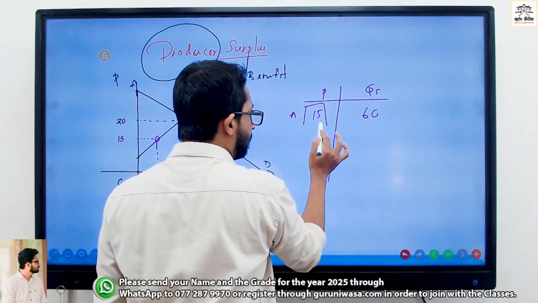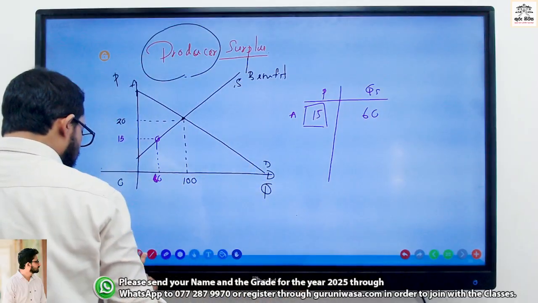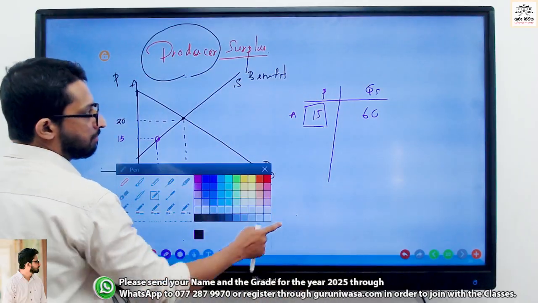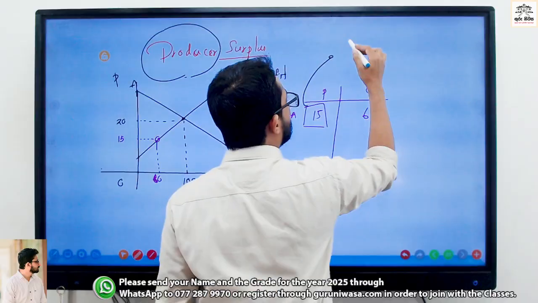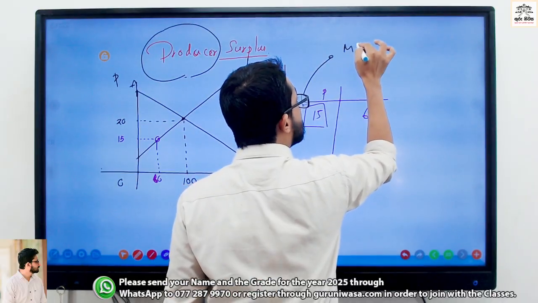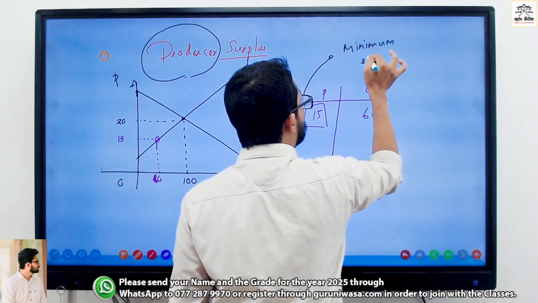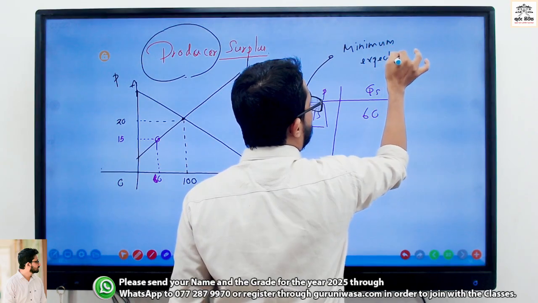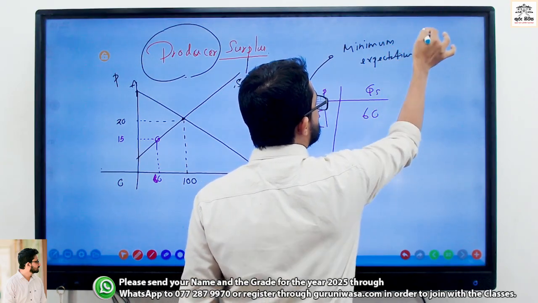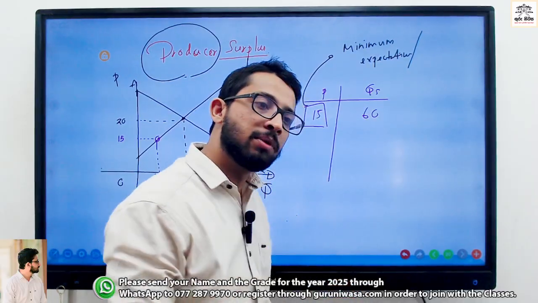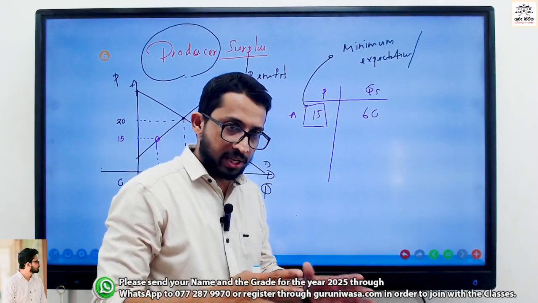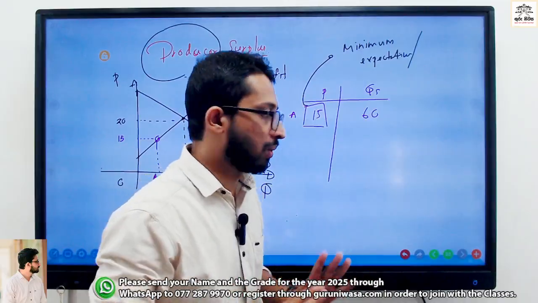So this price of 15 is called the producer's minimum expectation. Remember that word: minimum expectation. This is equal to the variable cost of production. There's a separate lesson for cost of production, so don't worry about that.